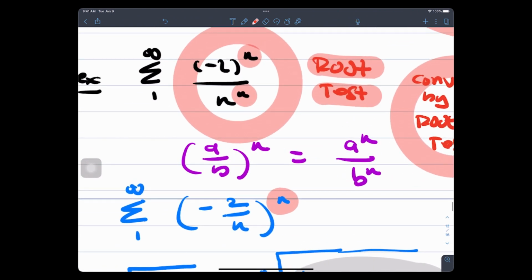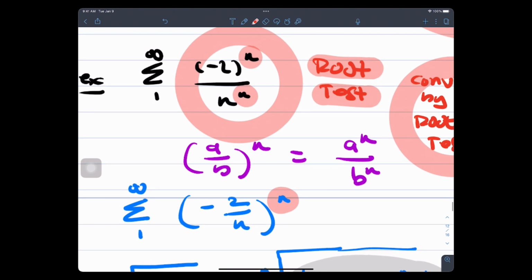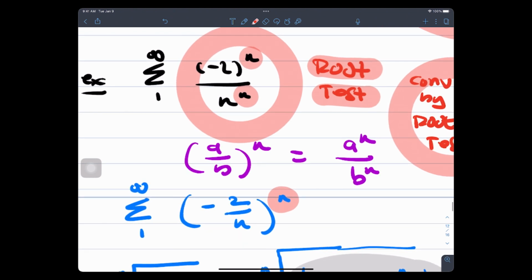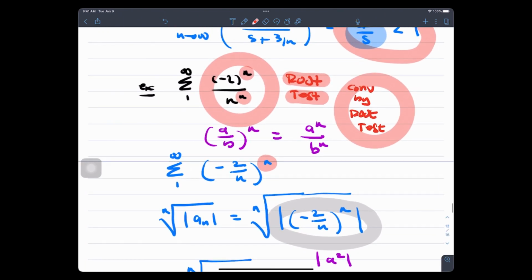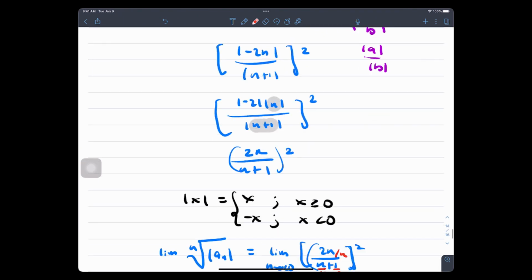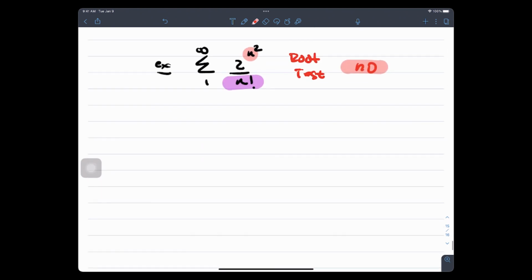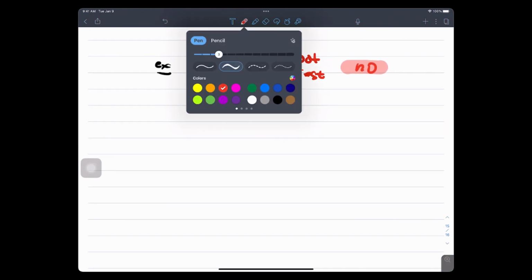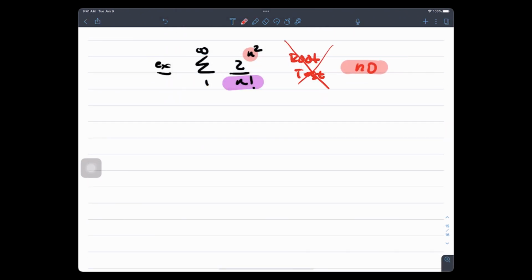Like what you have here, they both have the nth power. So if your numerator has the nth power and the denominator has the nth power, you're absolutely right. You can't use the root test. So the answer is no. Good observation.